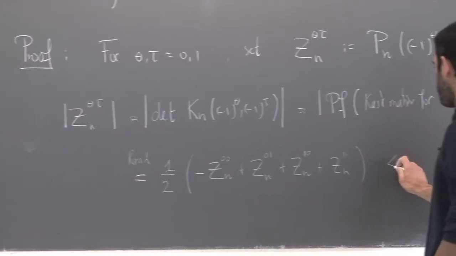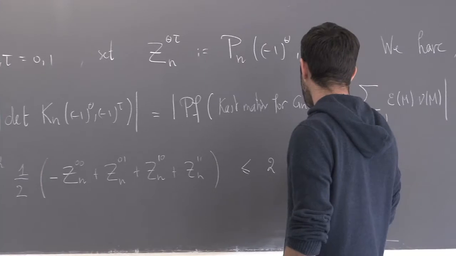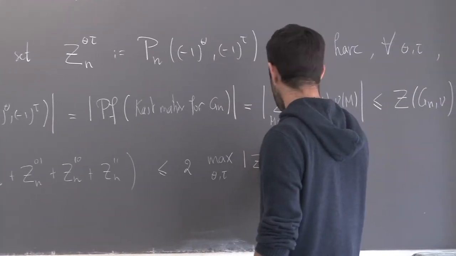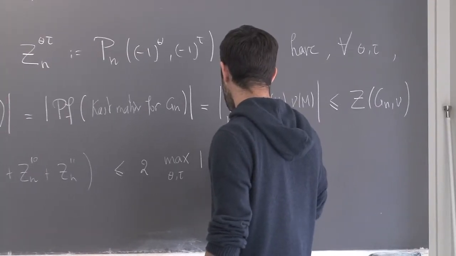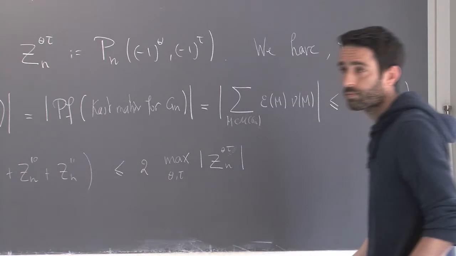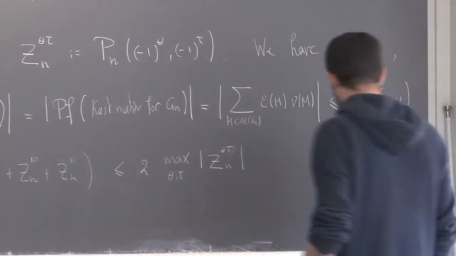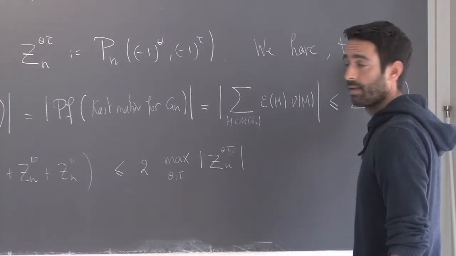And now this is less or equal to twice the maximum value of this, which holds for any theta and tau.